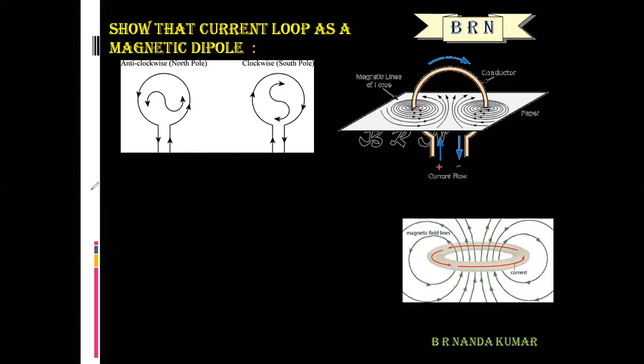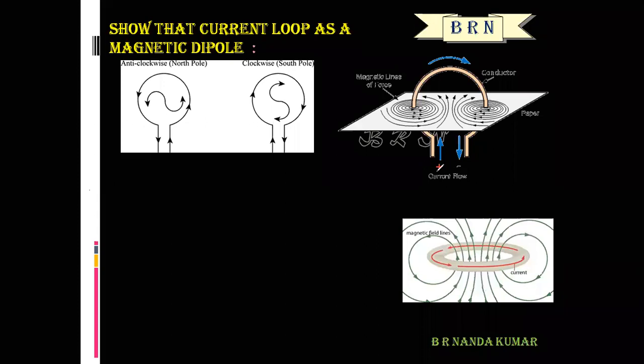So, here first, let us consider the mathematical expression for magnetic field at a point on the axis of the current loop.